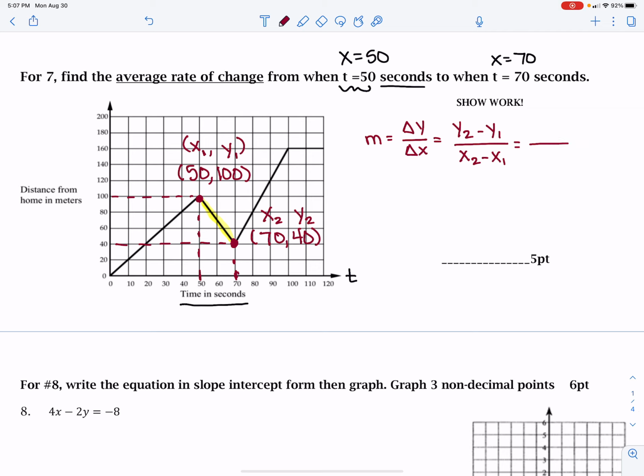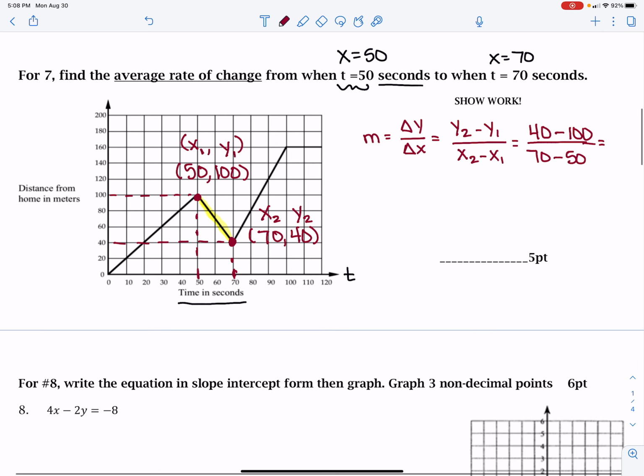So our y2 value is going to be 40 minus 100 over 70 minus 50, which brings us to negative 60 over 20.